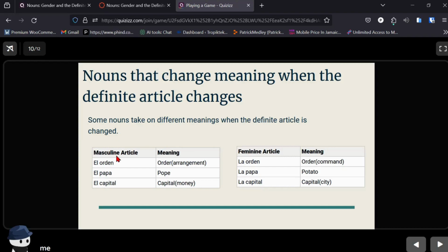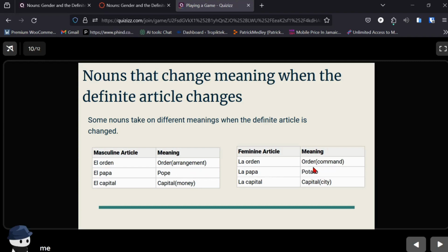What does this mean? All right, so the masculine article, orden, el orden. This means the order, an arrangement. In English, we use this word all the time, and there's a difference between this order and this order, which is a command.